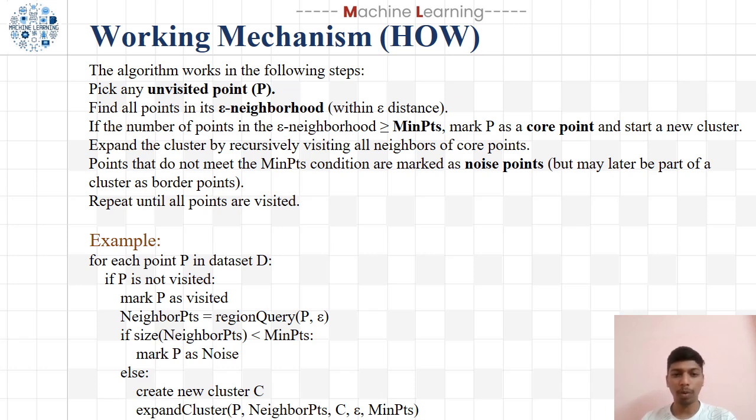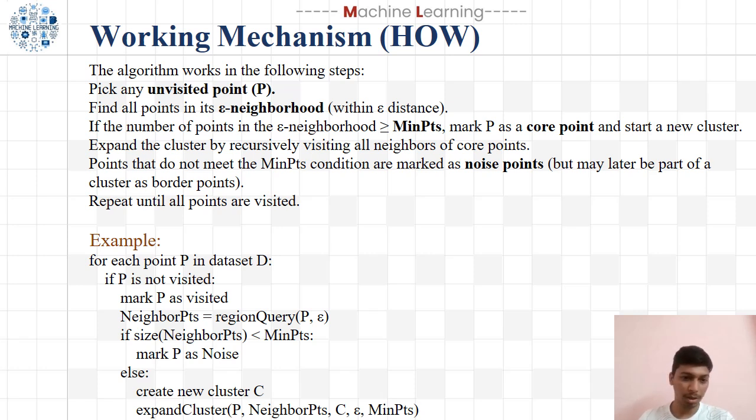If the number of points in the neighborhood is greater than or equal to minPts, mark P as a core point and start a new cluster. Expand the cluster by recursively visiting all neighbors of the core point. Points that do not meet the minPts condition are marked as noise. Repeat until all points are visited.